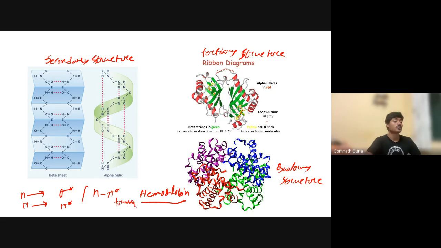So three kinds of transition are possible. The n to sigma star is very highly energetic. Pi to pi star is visible in the UV around 200 nm. The n to pi star is a little bit lower in energy.